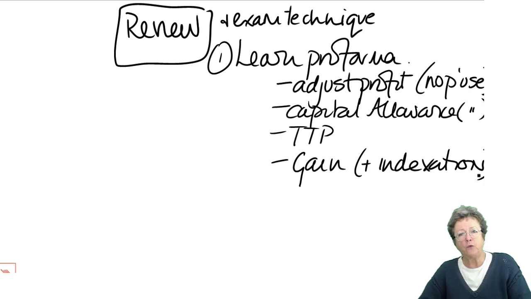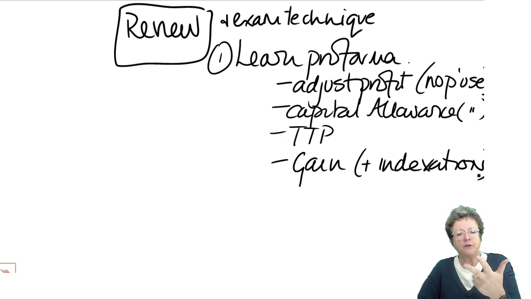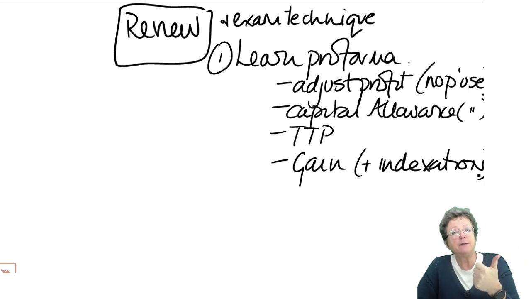All four of those are likely to come up in the exam, because adjusting profits is for individuals, for partners, and for limited companies. Now, you won't have to do it twice. If the individual question is adjusted profits, they'll probably give you a capital allowances computation with an answer in it.